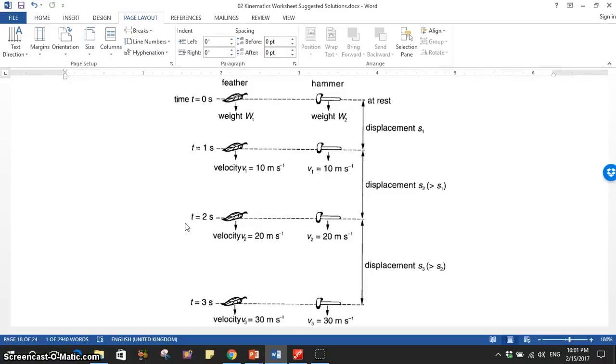But when there is no air resistance, both will fall at the same rate, meaning they have constant acceleration. And in this case, the acceleration due to gravity on Earth is 10. So every 1 second, they will increase their speed by 10 meters per second. Thank you. This is the end of your acceleration versus displacement chapter.